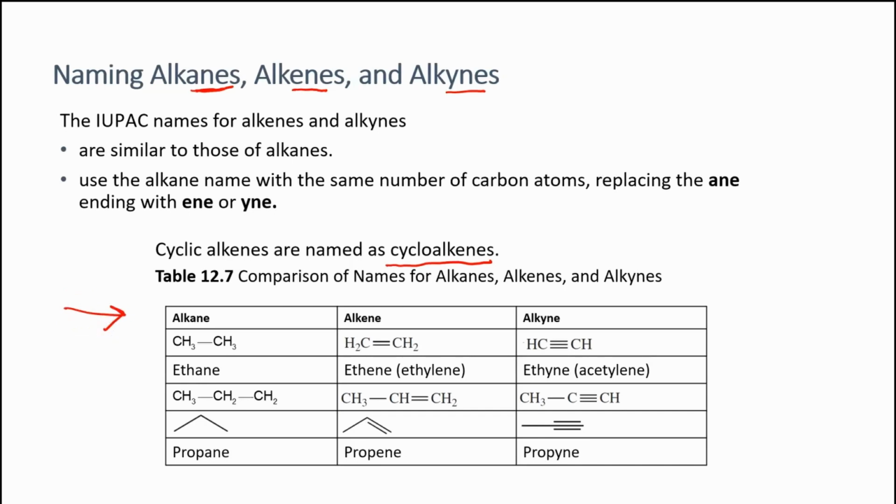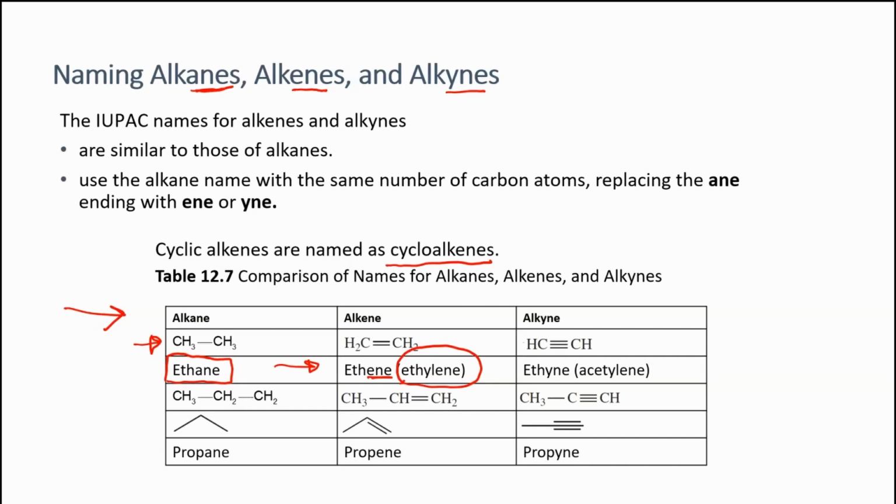Now if we take the simplest alkane, which is ethane with 2 carbon atoms, and we go with the IUPAC naming conventions that we learned in our previous lessons, the respective alkene is named ethene. You just replace ane with ene. Ethylene is the common name used for ethene.